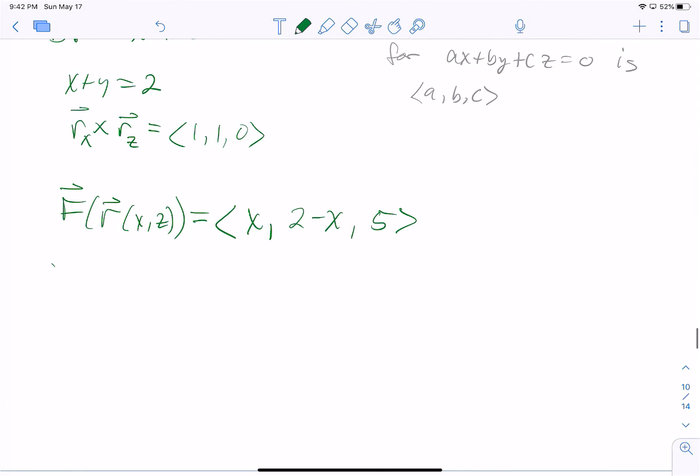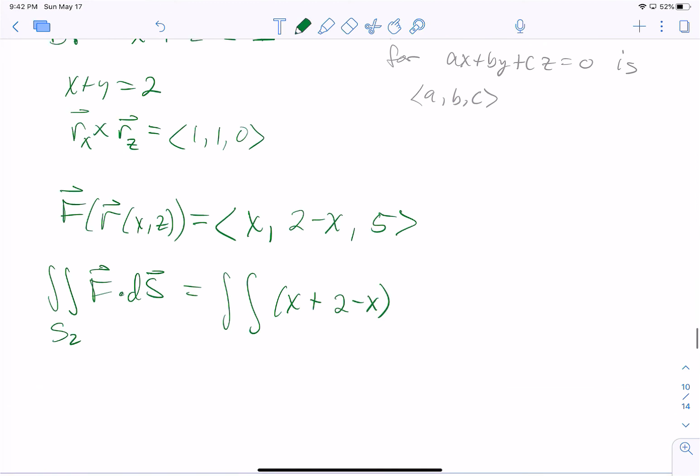Now we're ready to look at the surface integral over S2 of F dot dS. And this is going to equal the double integral over the region D, we'll get to that in just a minute, of the dot product of F and r_x cross r_z. So 1 times x plus 1 times 2 minus x plus 0 times 5. That whole thing is dA, call it the region D.